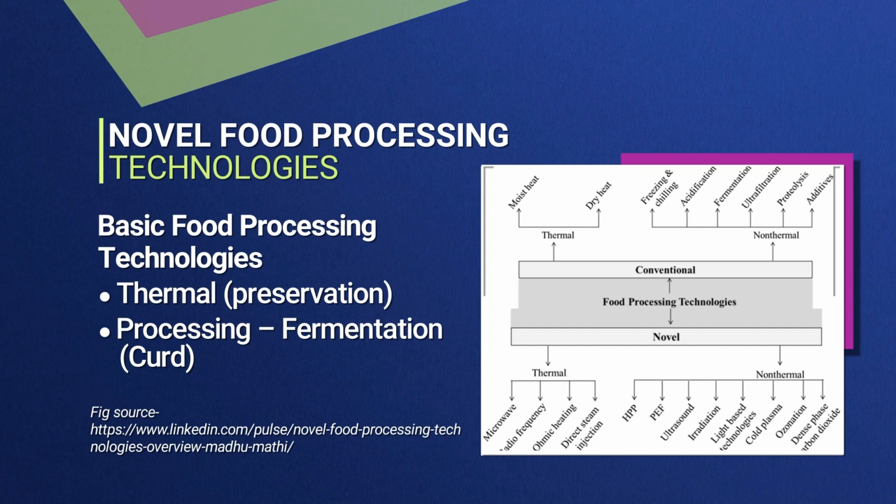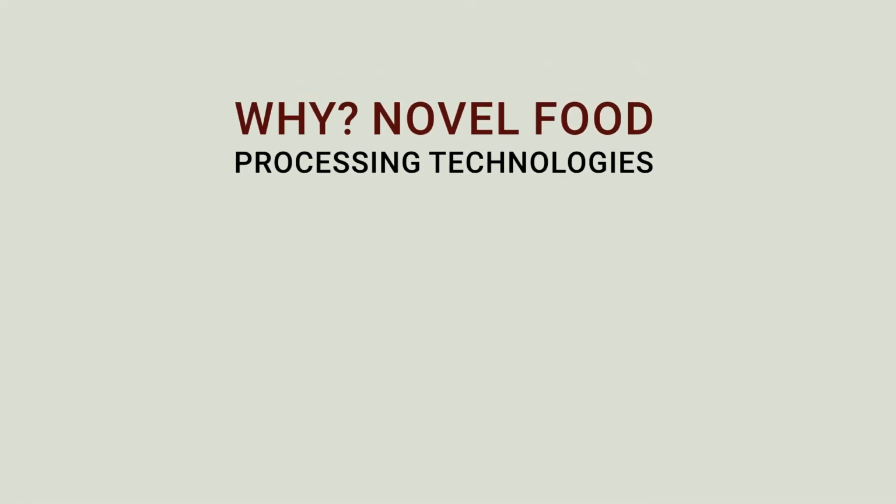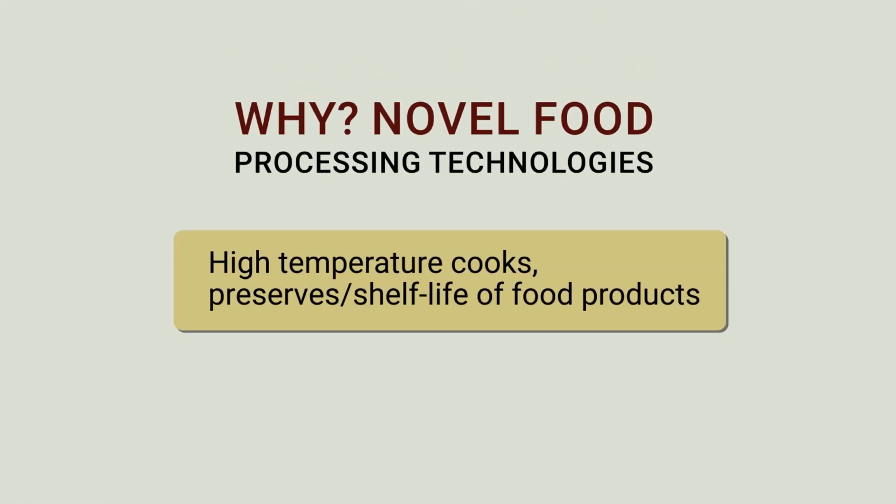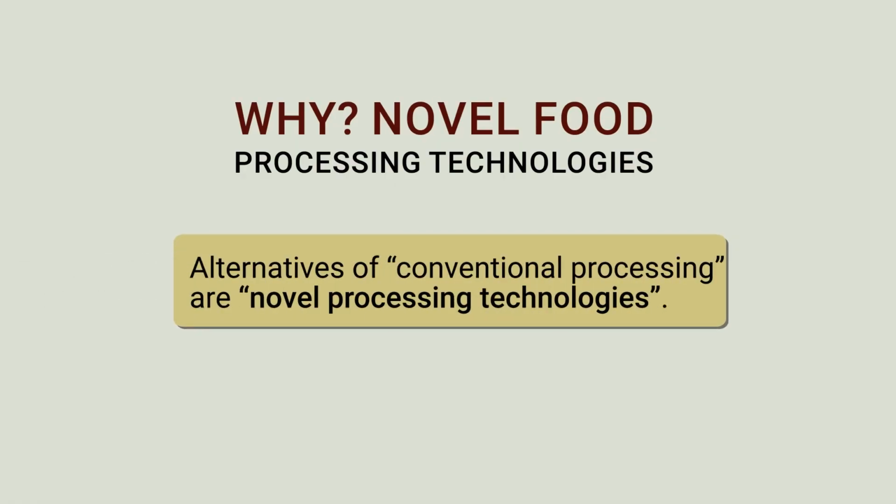The point is that food processing is aimed at preservation and also at preparation of products. So there is processing, there is preservation. And novel food processing is an alternative to conventional processing in a way.